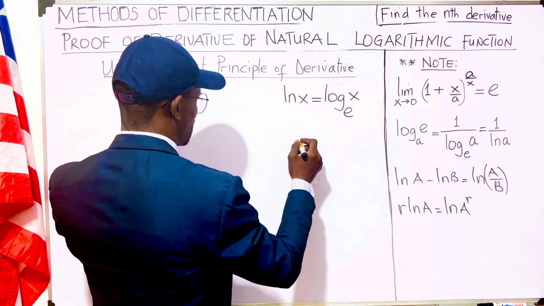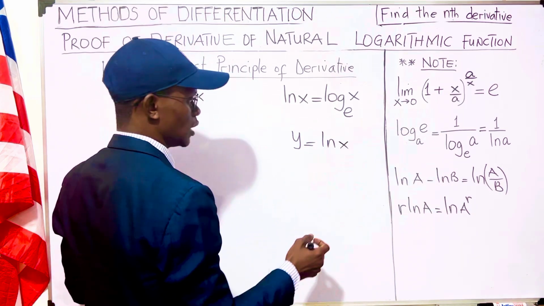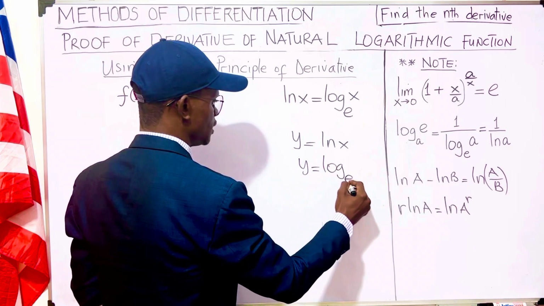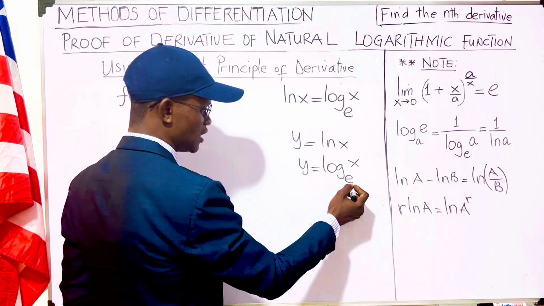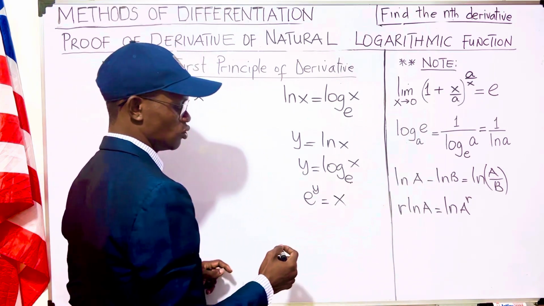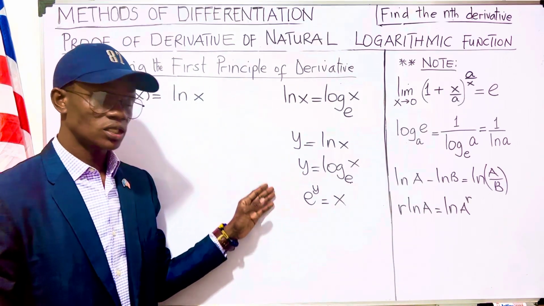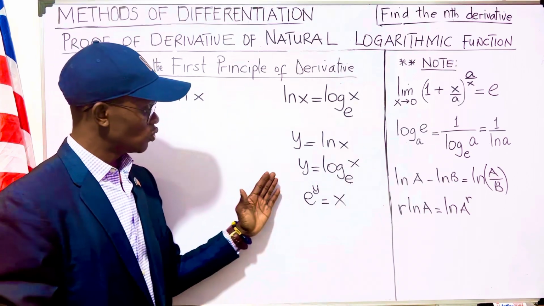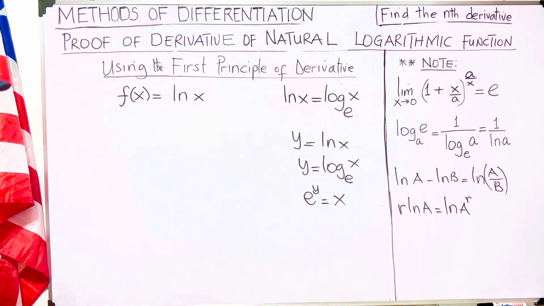That is, y equals ln of x, which can be rewritten as log of base e of x. Rewriting this into exponential form, we have e raised to the power y is equal to x. But since we have not yet reached finding the derivative of exponential functions, we are not going to touch this for now until we get to that.